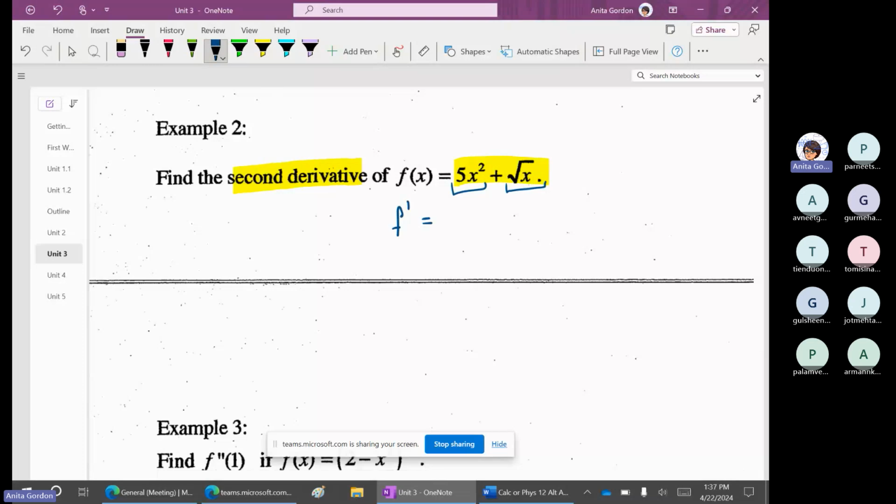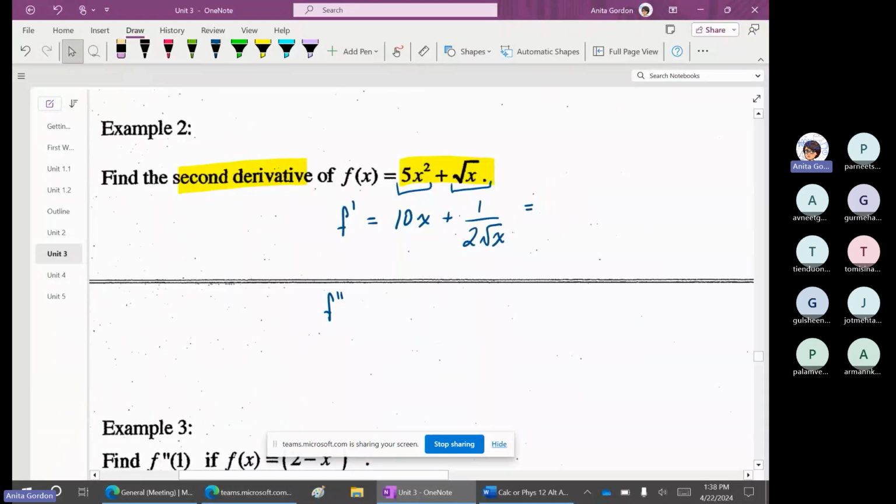We can treat those 2 pieces individually and add them at the end. 10x plus 1 over 2 root x. Okay, second derivative, same thing. However, I'm going to write this in power notation because power notation is always easier. So, sorry, plus 1 over 2 x to the power of negative 1/2.